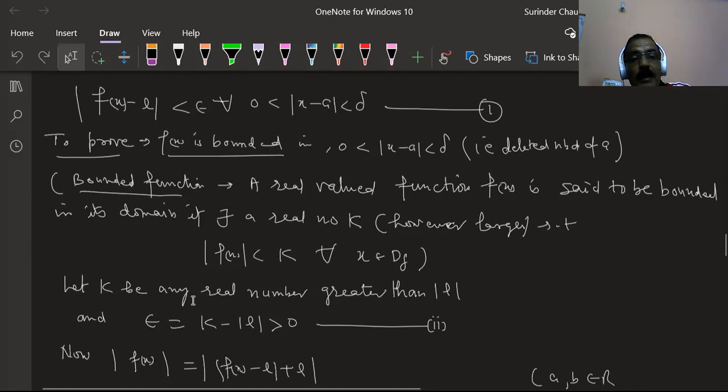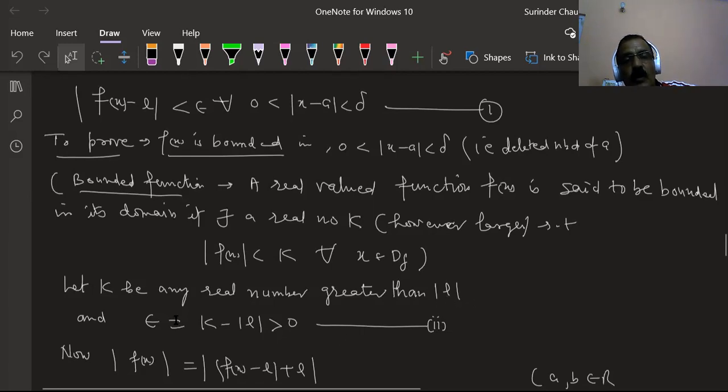Now this is the definition. I want to show, we know the limit of the function exists, and now I'm converting it to this form. So let k be any real number. Now I'm deciding the value of epsilon. Let k be any real number greater than modulus of L. Why modulus of L?